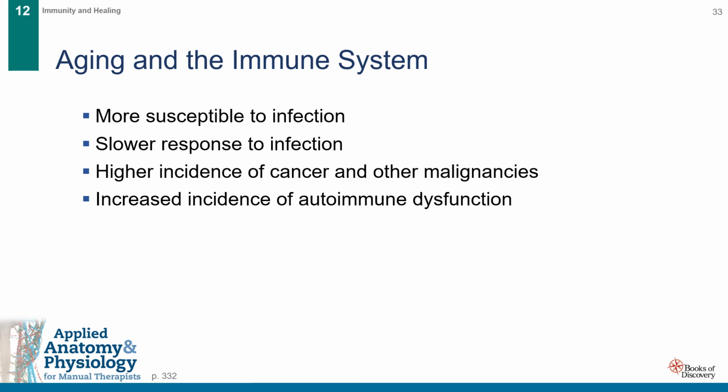Let's now discuss aging and the immune system. Many people live long and healthy lives despite the fact that resistance to disease and infection gradually decreases with age. Overall, the immune system simply becomes less responsive to foreign antigens that challenge health.